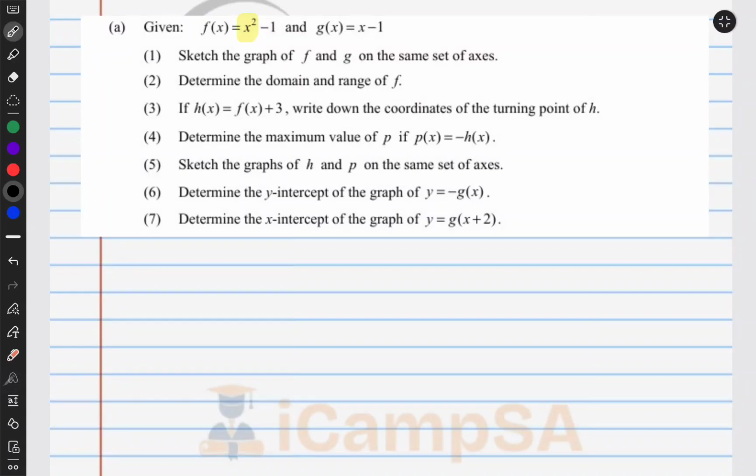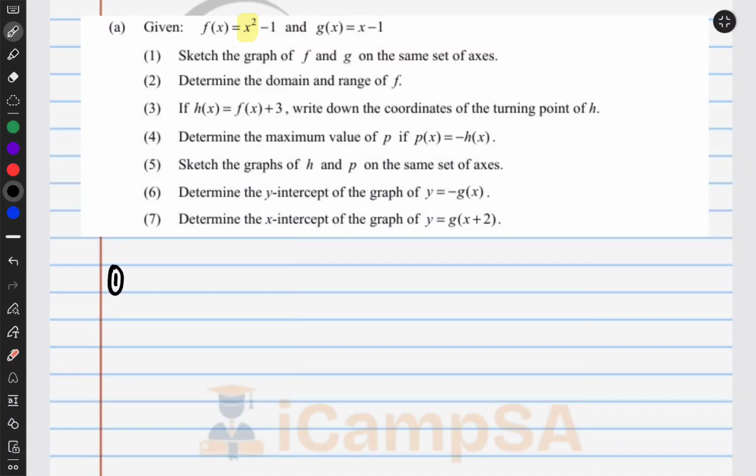So generally, you know that what we do is we take some three values, use them as x input values to find the corresponding y values. But the easiest way to sketch a parabola is just to find the turning point and then find the x-intercept.